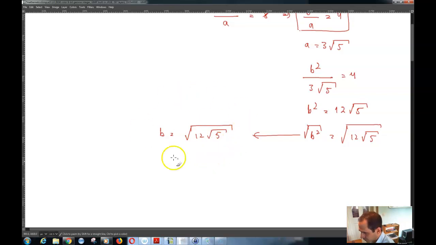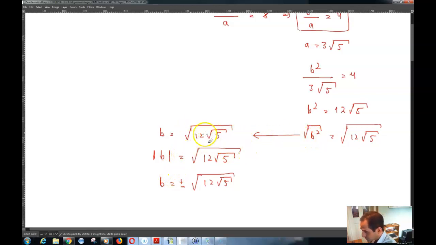But normally, if b was just a general variable, you would need to write the absolute value of b is equal to the square root of 12 square root of 5, and then b would be equal to plus or minus the square root of 12 square root of 5. Over here you get two values, a negative and a positive, but of course the negative value is of no use, so you just don't use it.